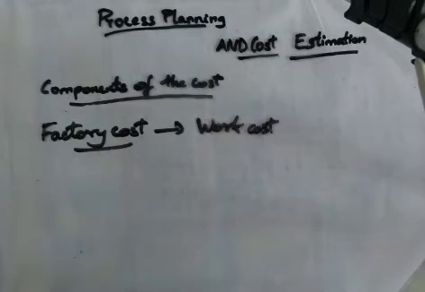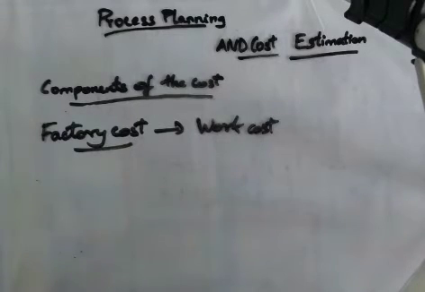After getting the raw materials, we need a place to keep them, and after finishing the work, we need some place for the finished product. That place will also have expenses for cleaning and painting works. All those expenses come under this factory cost.